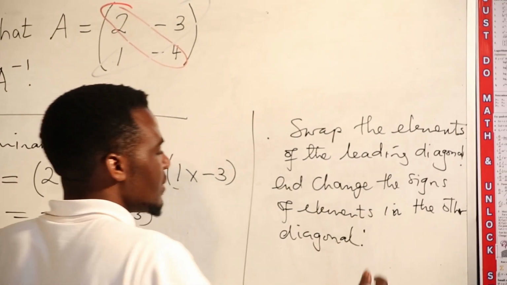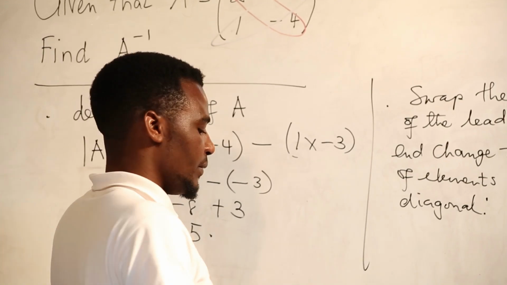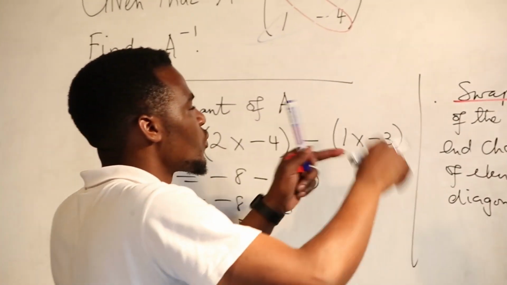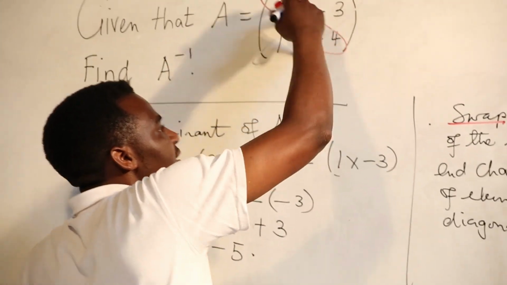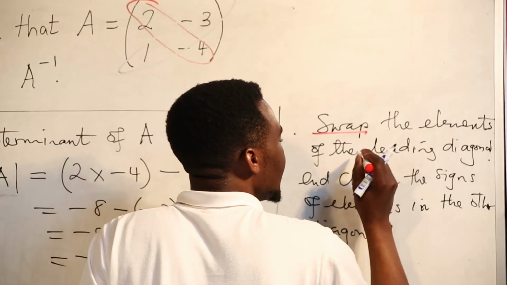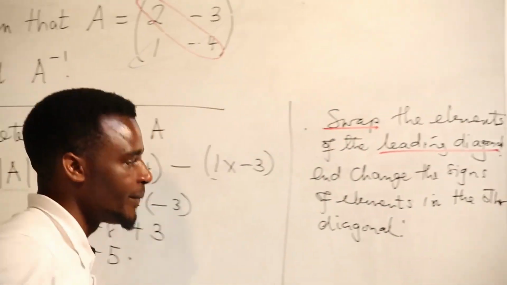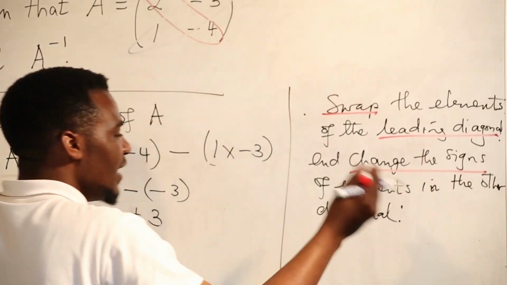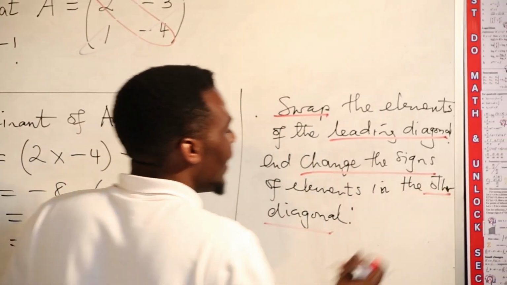What do we need to do? Like I said, we basically need to swap the elements. What do we mean by swapping? These elements in the leading diagonal are going to change position. So we need to swap the elements in the leading diagonal, and then after that, we need to change the signs of the elements in the other diagonal.